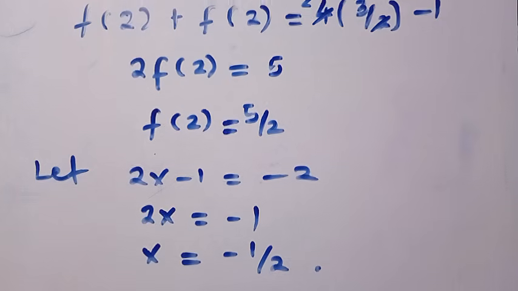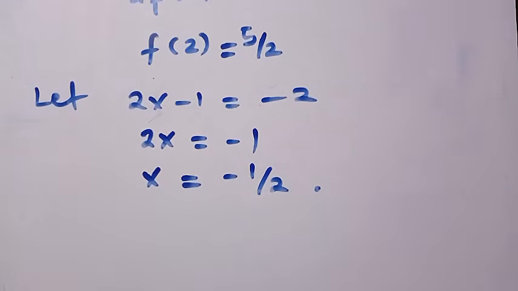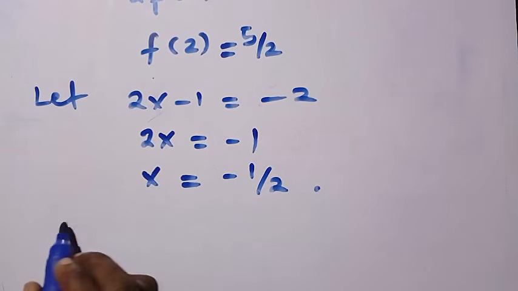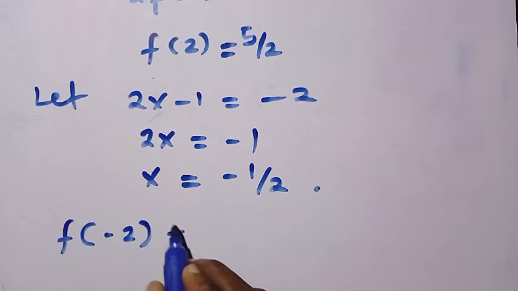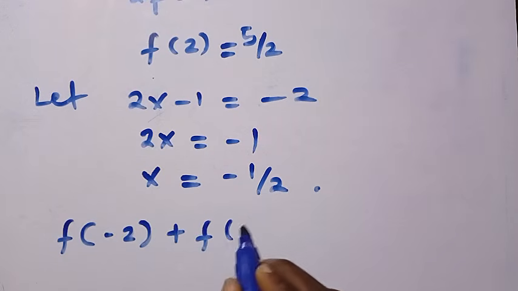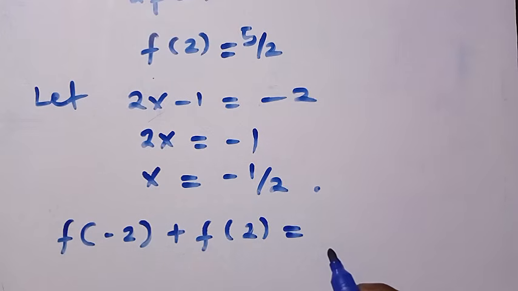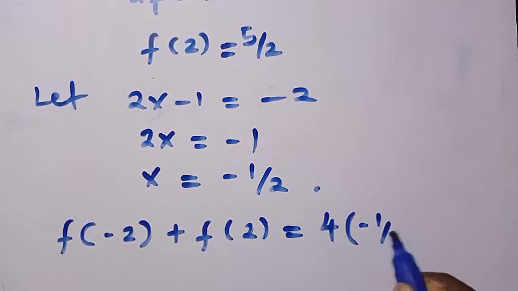This is what we have here. Let's replace for the second time. We have f of minus 2 plus f of 2 equals 4 into bracket of x, which is now minus 1 over 2, minus 1.